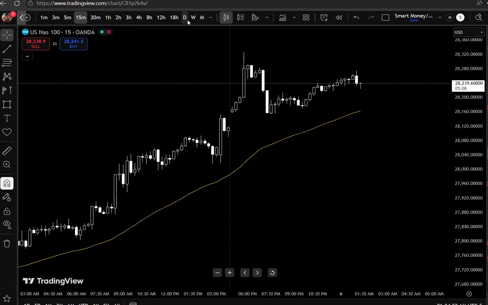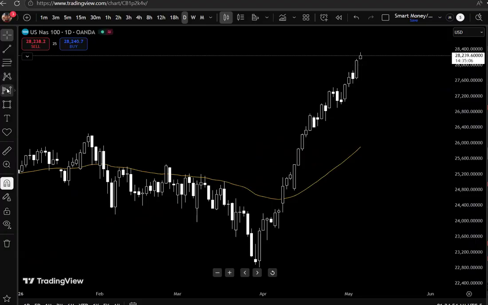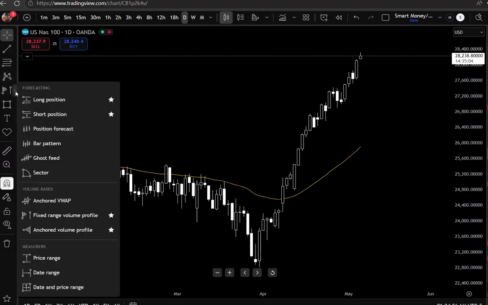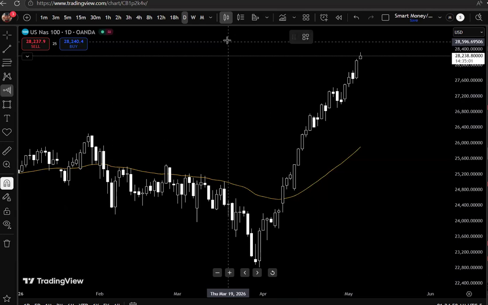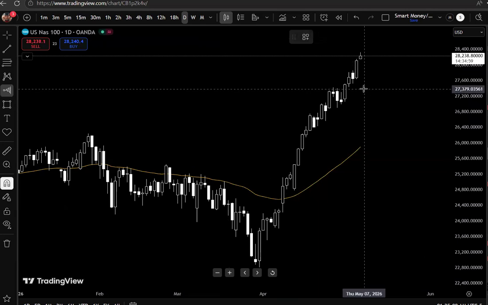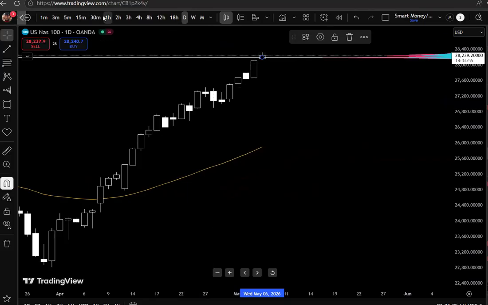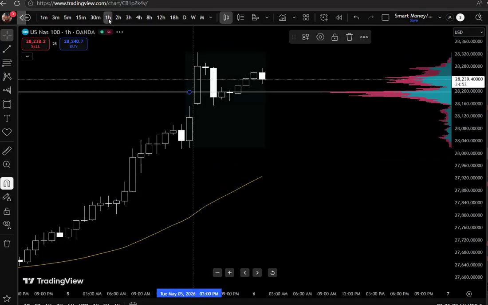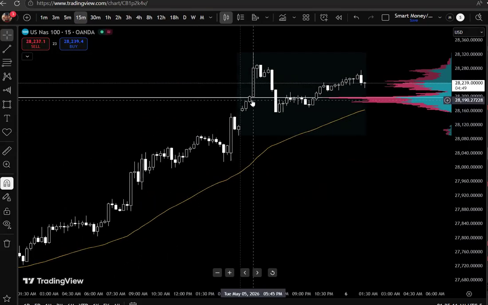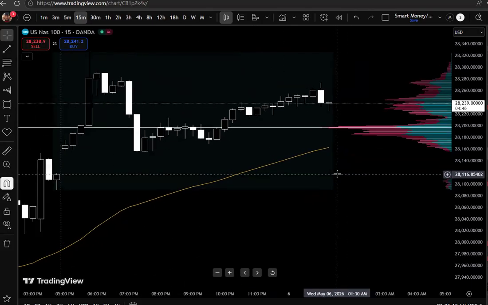Not the fixed range, the anchor volume profile. Watch if I go to daily and click. All right. But you don't even have to do that. You could just go to whatever time frame, any time frame really, and just put it on that first candle of the day, and it's gonna show up.